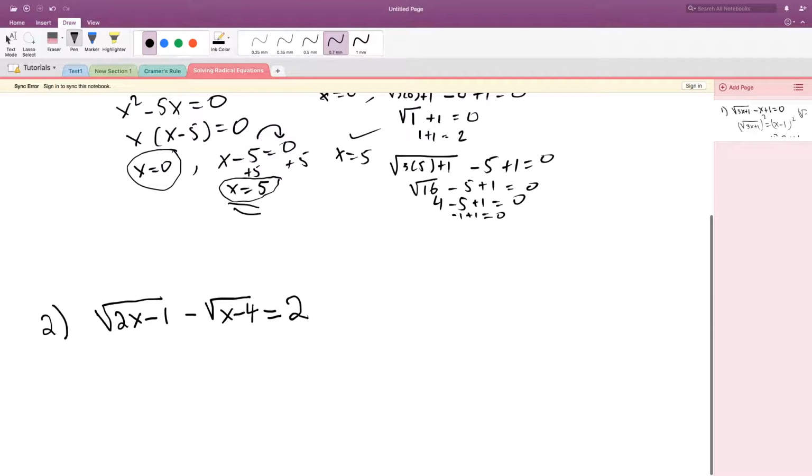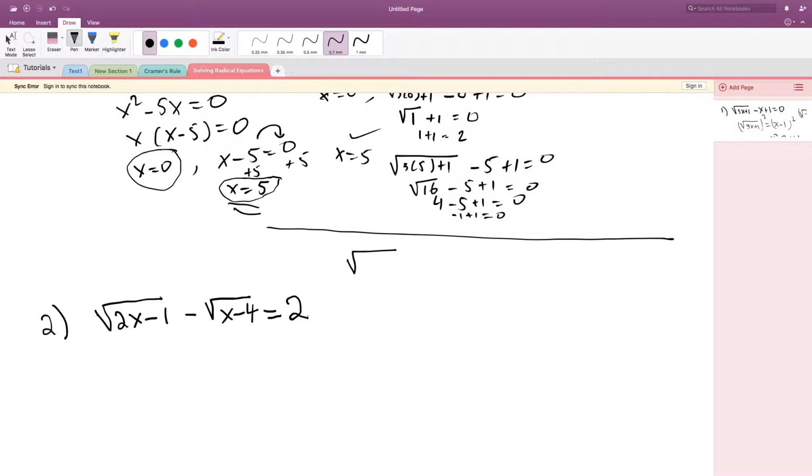So the first thing you would want to do is leave one radical on one side and then put the rest of the terms on the other side. So I'm going to leave this one on the left hand side. So here I'm going to have square root of 2x minus 1 equals 2, and I'm going to move this to the other side. It's going to become plus square root of x minus 4.